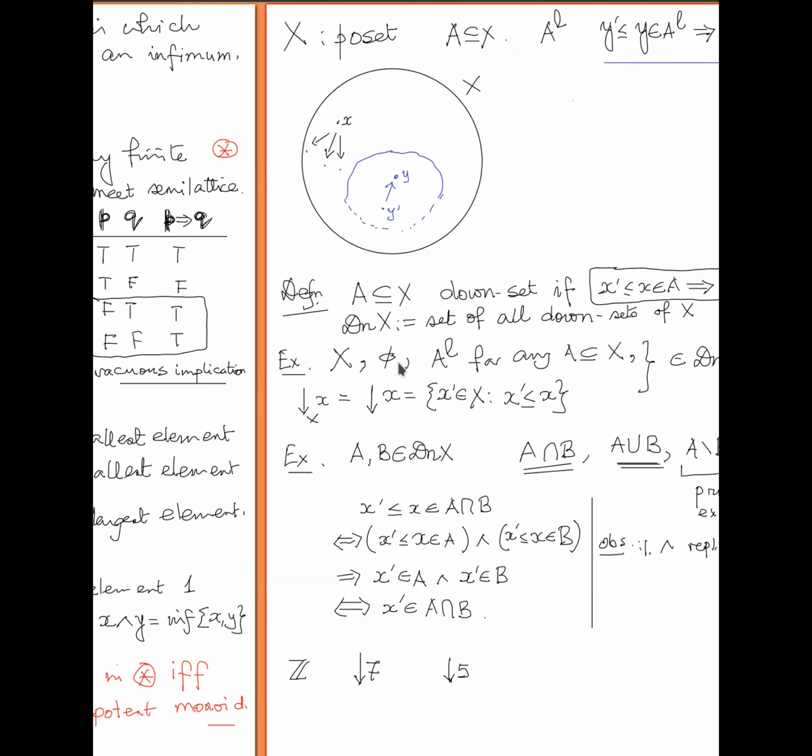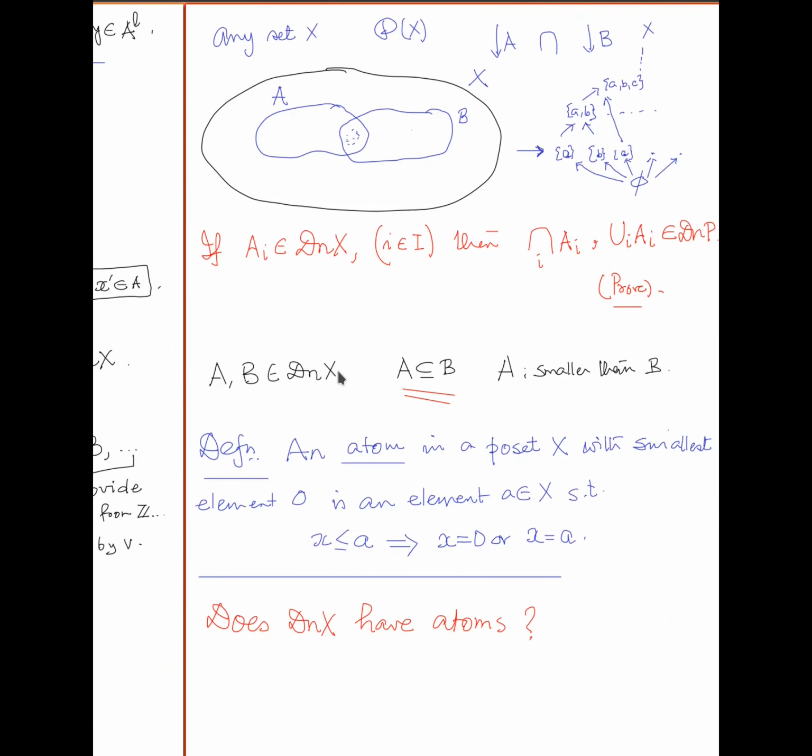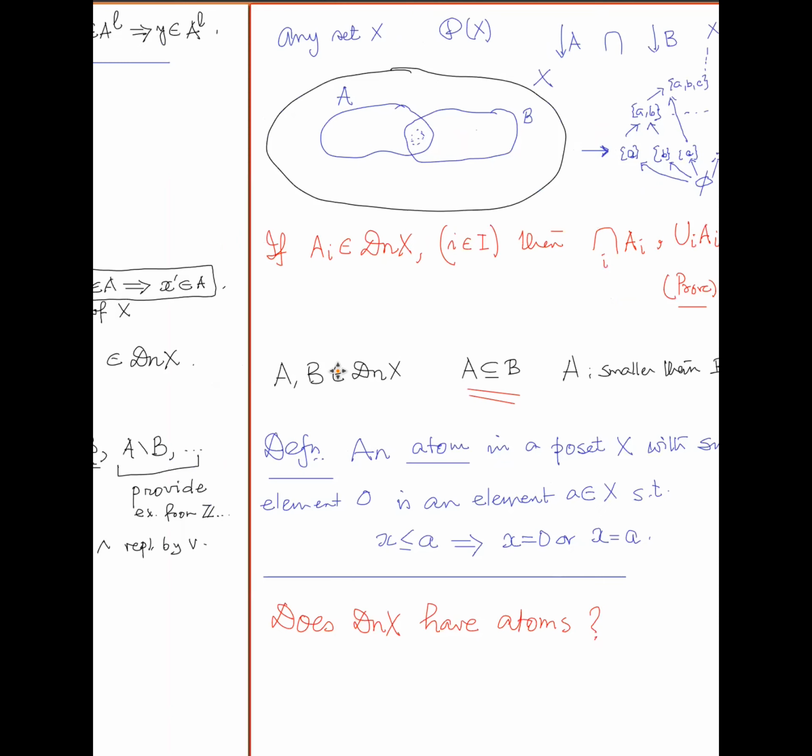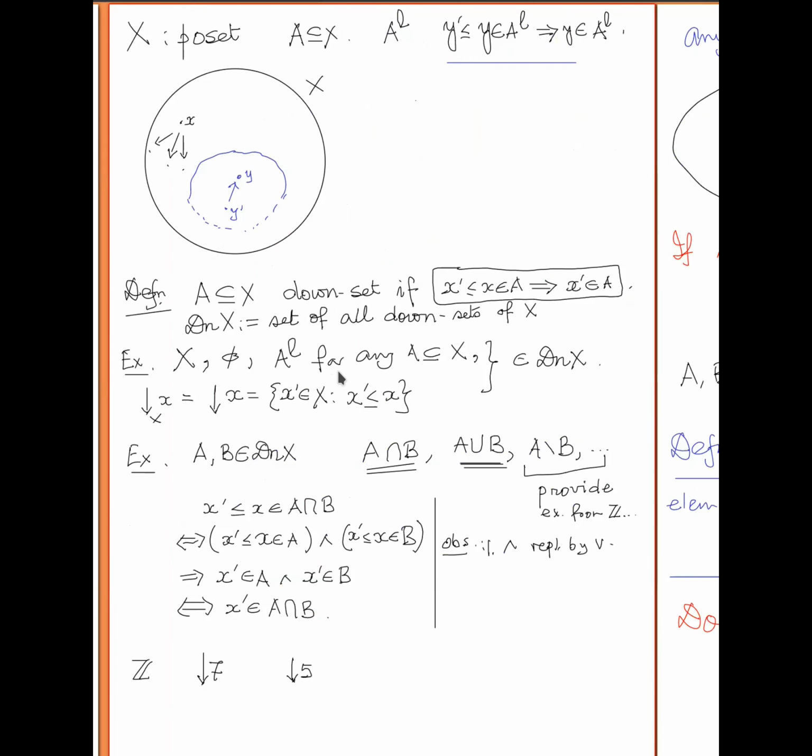You have already shown that the empty set is the smallest downset, and the whole set X is the largest downset. So we have the smallest and the largest. Then we are in a proper place to ask, do the downsets of X have atoms? Can you think? I bring you back to this page where you thought about these examples. So now you should be able to think.